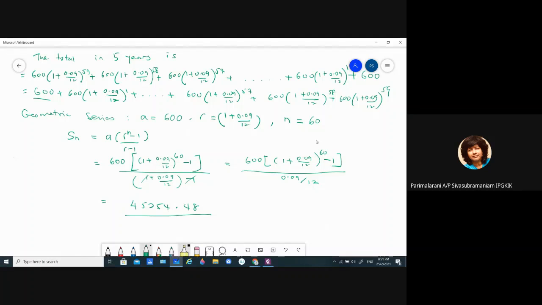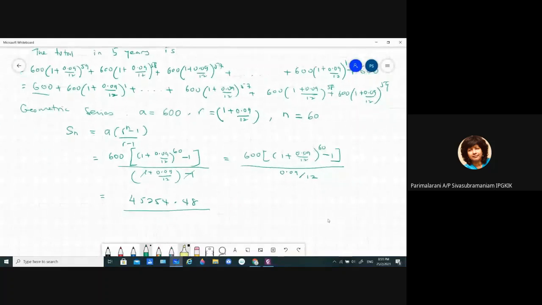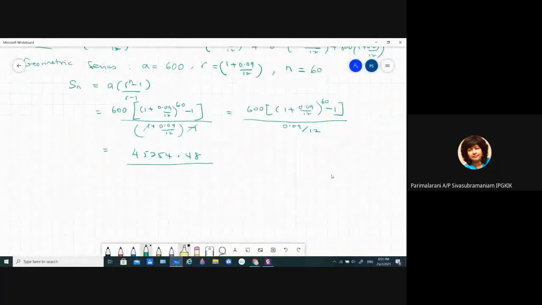Okay, so when payments are made at the end of each period rather than at the beginning, we call this an ordinary annuity. So what we have calculated is the future value of an ordinary annuity. From this example, we can come up with a formula for the future value of an ordinary annuity.